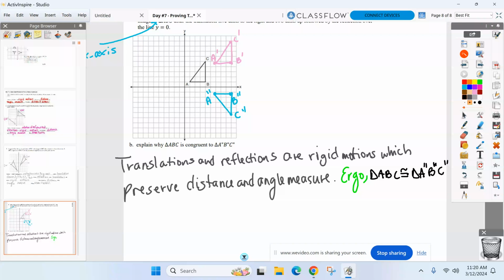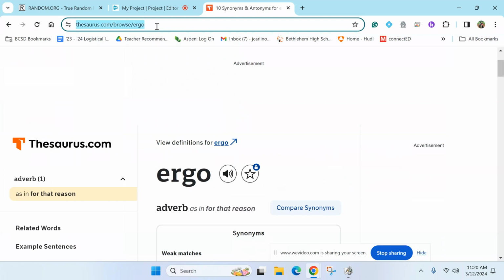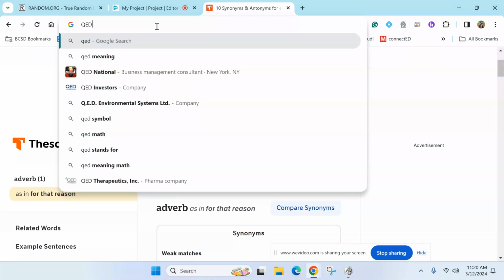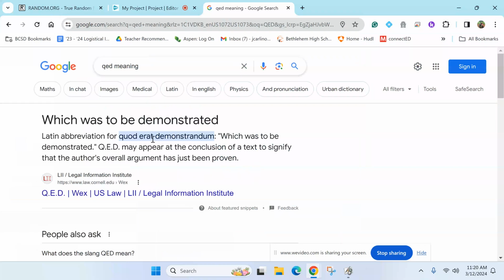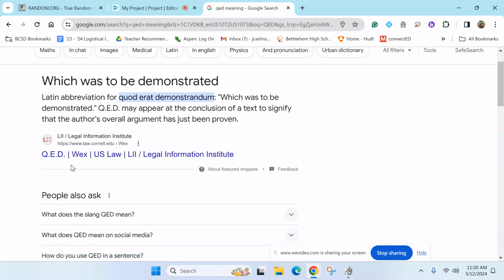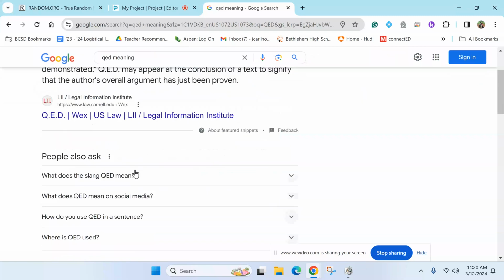There was a Latin one too I used to use years ago. QED, was it? Quod erat demonstrandum, I believe. If you really want to go hardcore. This might be playing with fire. Quod erat demonstrandum, which was to be demonstrated. So we could go QED as well. There you go. Do they have a voice for that one?